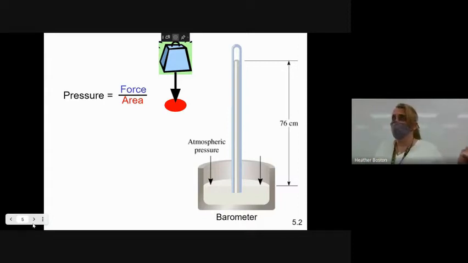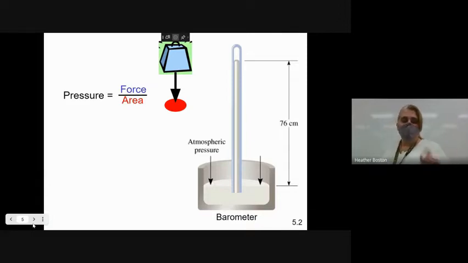In chemistry class, we're always going to be using the metric system. We're also familiar with temperature, because we learned that in our thermochemistry unit. It's a little bit different in gas laws, is temperature has to be measured in Kelvin. Even Celsius is not good enough for gas laws.